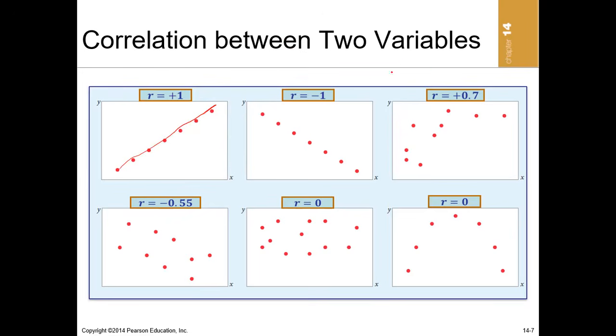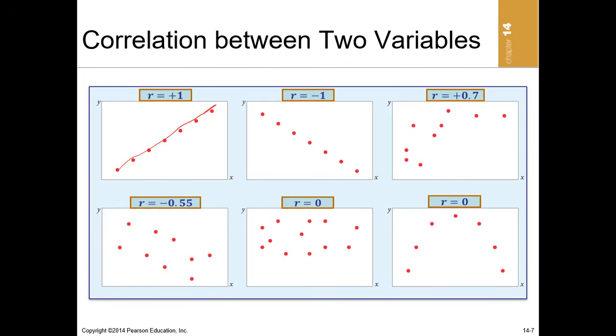In plane 3, we can see some form of positive relationship, although it is not perfectly linear. That is why we have positive, but it is not +1. It is 0.7. Then in plane 4, we have a negative relationship, although it is not perfect. That is why we have -0.55. Here, since there is no discernible pattern in the relationship, the computed correlation coefficient is 0.